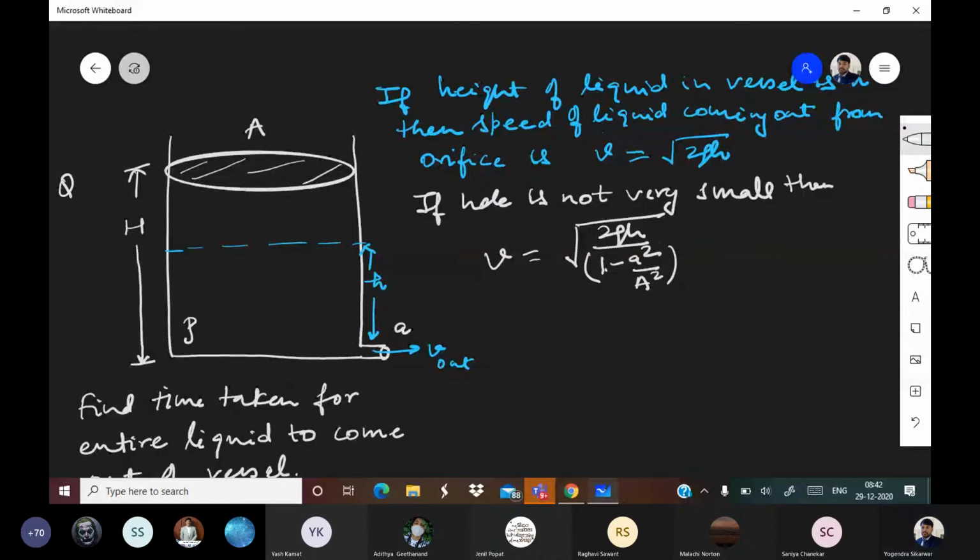Now listen very carefully what I am saying. V is velocity of liquid which is coming out of the vessel.